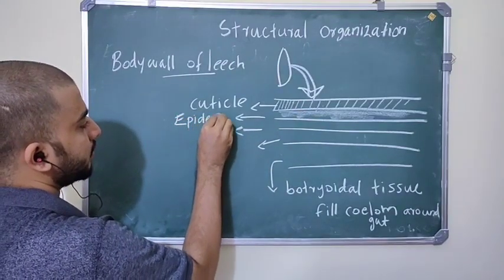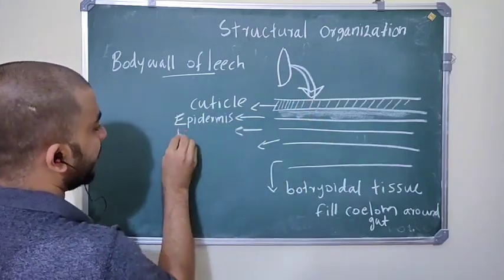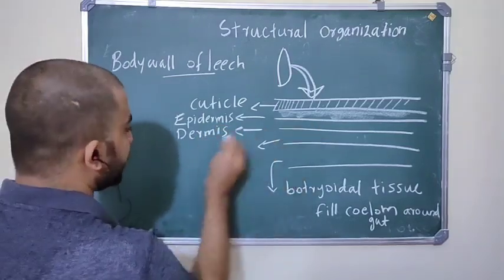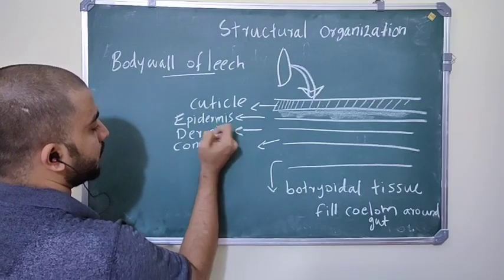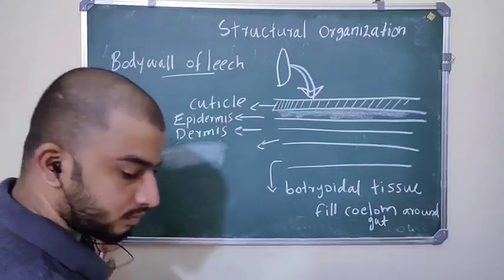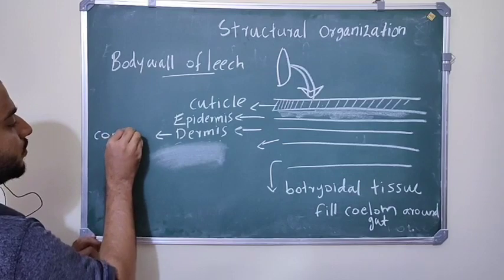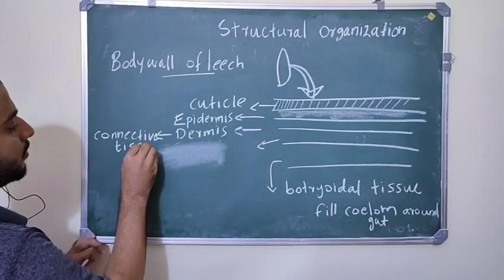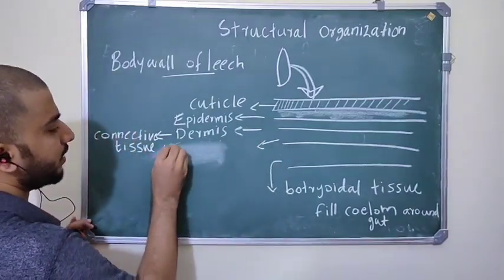Below the epidermis, the next layer is the dermis. This dermis is made up of connective tissue. Then after the dermis, the next layer is the muscular layer.